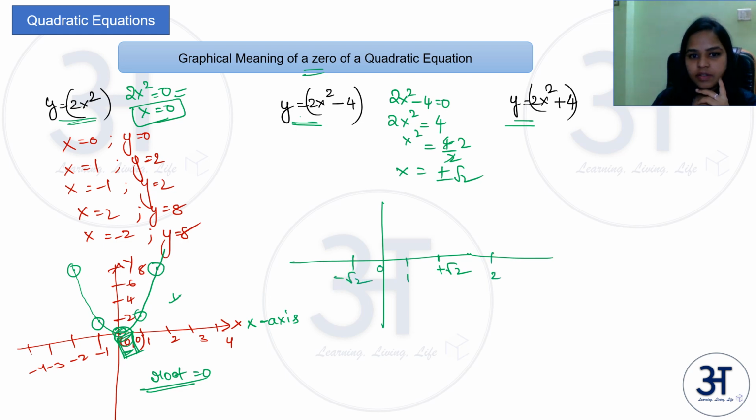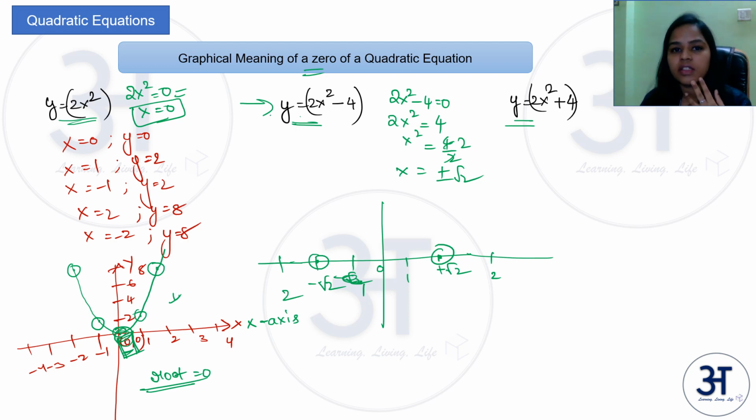So it will be somewhere between 1 and 2. This root 2 I have represented. Now once you get this, you know that these 2 points are a part of this parabola. So you can take different points and draw it also, and you can cross check with this.